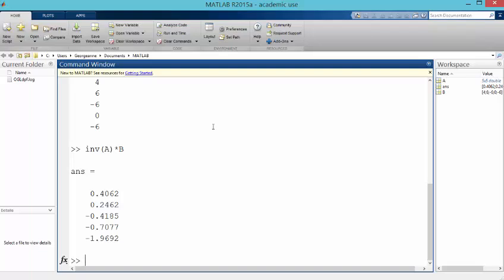All 5 unknown currents came out because inverse A times B gives me the 5 unknown currents. Now, I'm using MATLAB because I know UH Manoa and many engineering schools use MATLAB. You can use a math program of your choice, and most people's nice scientific programmable calculator can also do the same thing. So take your pick.